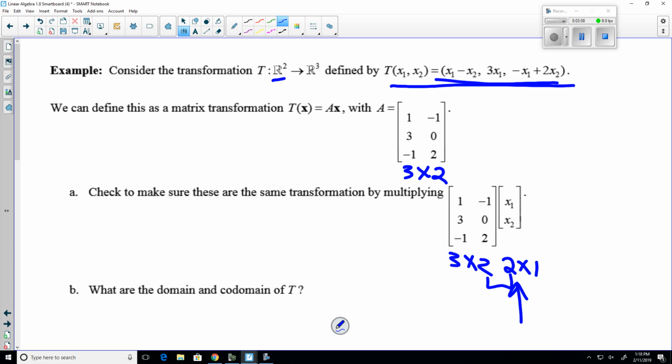And what gets outputted is 3 by 1. So the codomain is R3. There are R3 vectors that get outputted. The actual range ends up being the span of these two columns of A. If you span those column vectors, you get all linear combinations of those columns of A. That ends up being a plane, right, in R3.